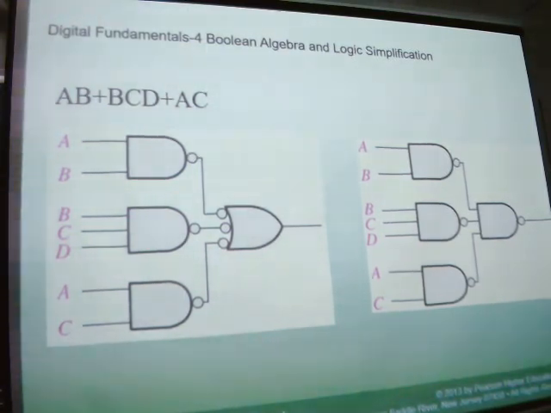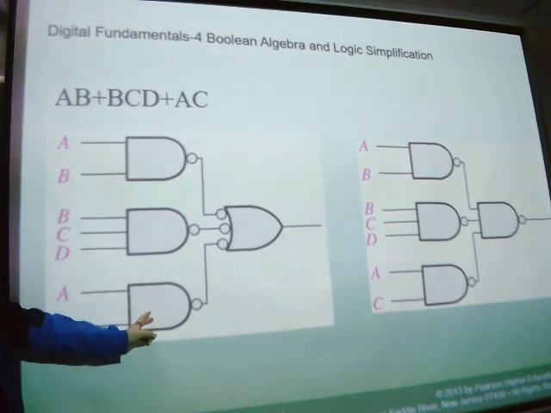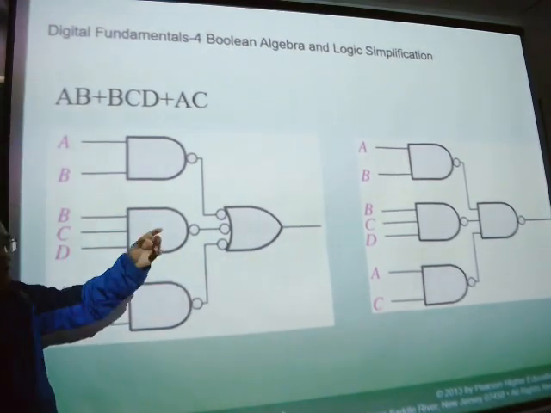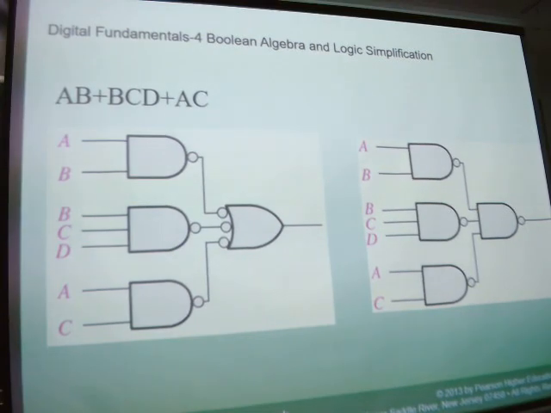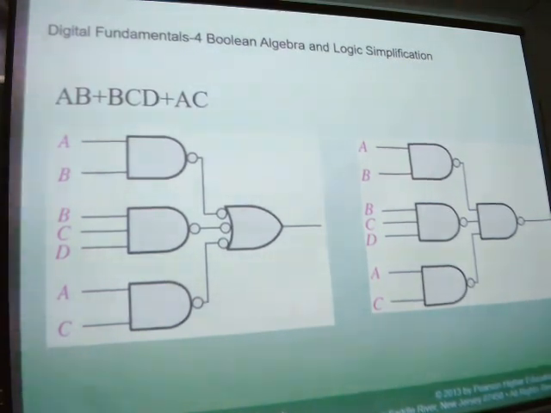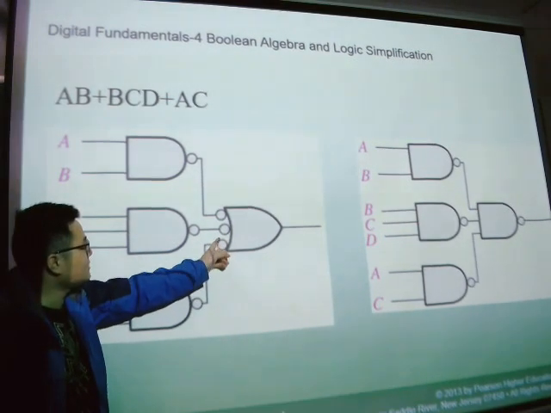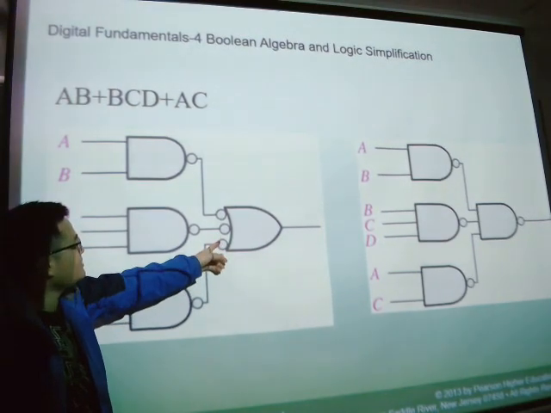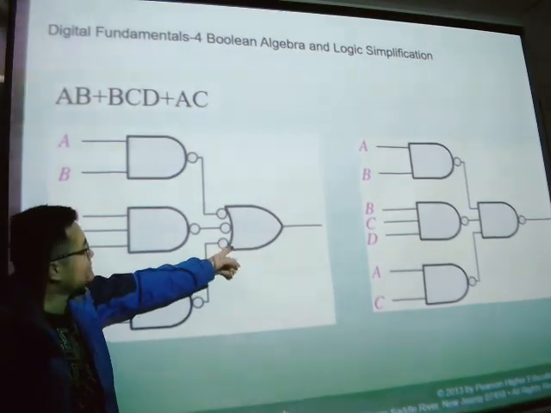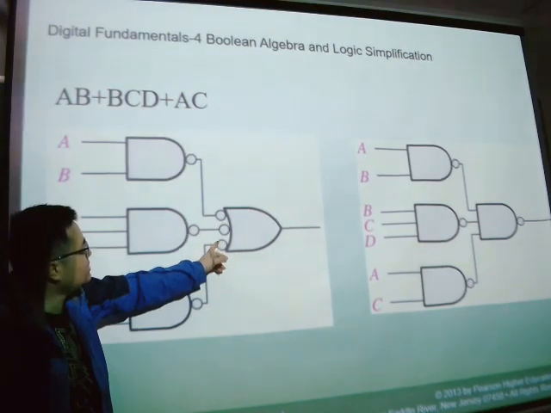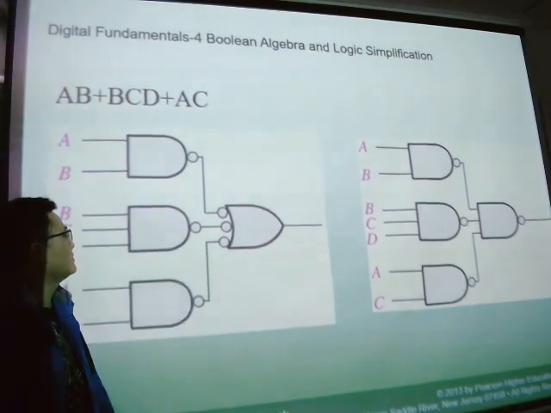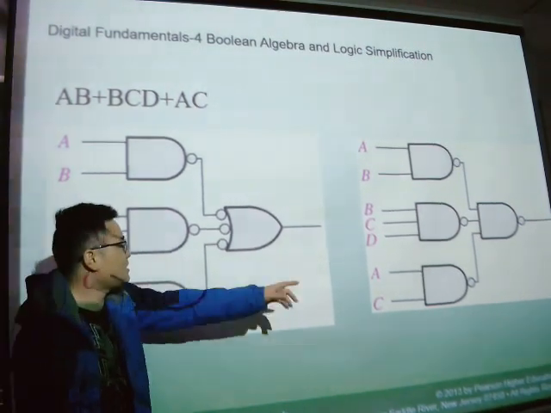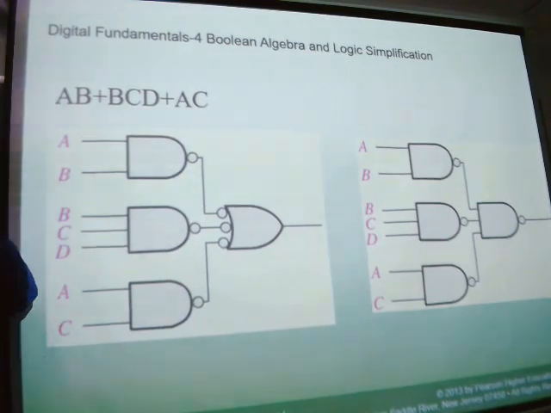Same. Three NAND gates and one NAND gate. The circle can be at the input of this OR gate or at the output of the OR gate.